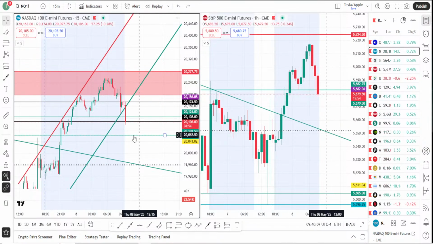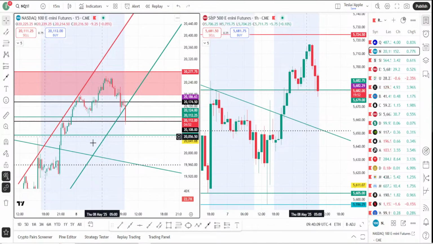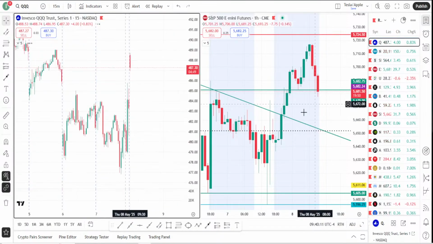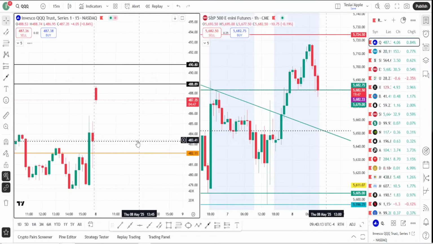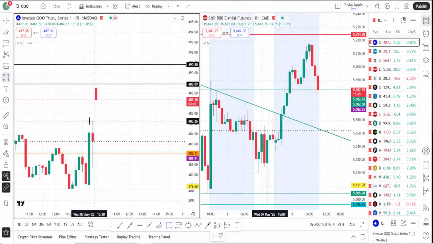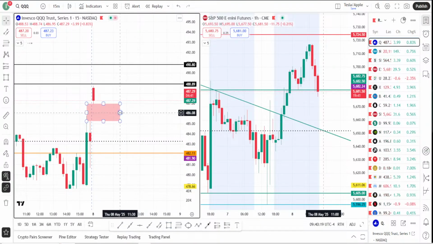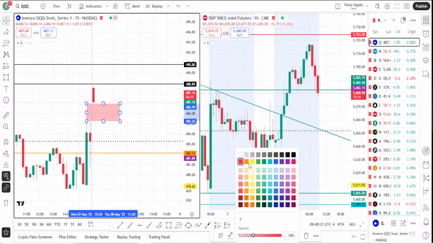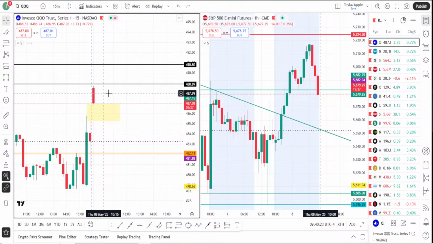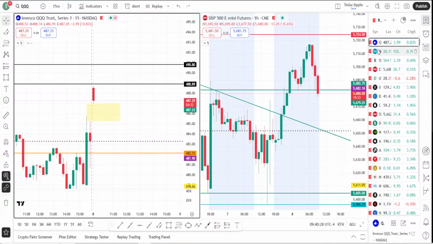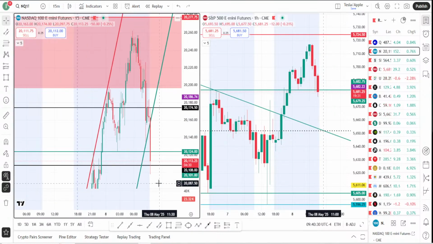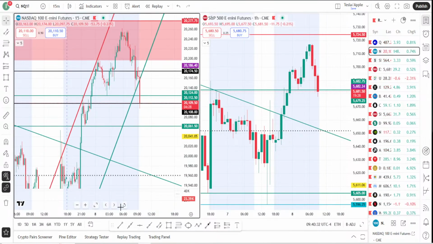We're probably going to fill that gap that we have on the Qs. We have a gap in price, and whenever we have a gap, it is most likely to fill. It has been the past few days, but sometimes we only get a partial fill, so we'll keep that in mind, and that gap will fill here.